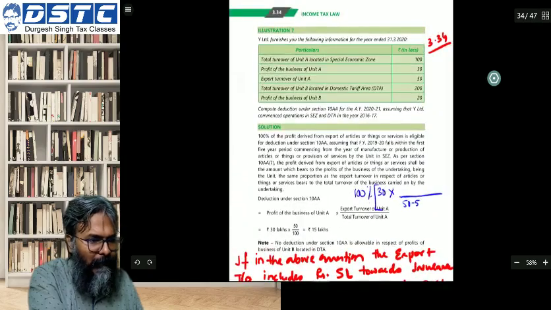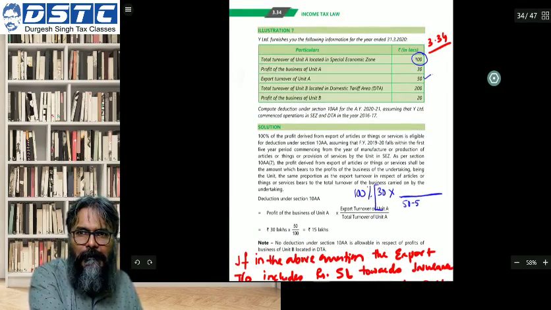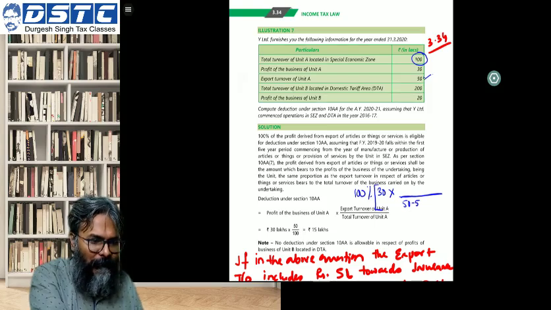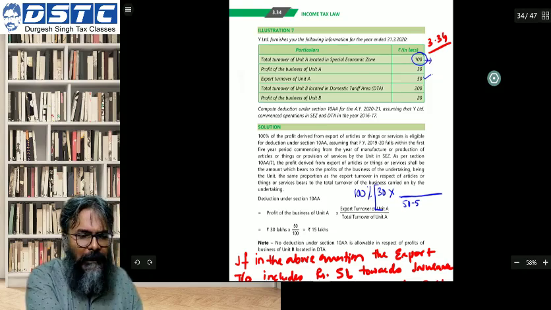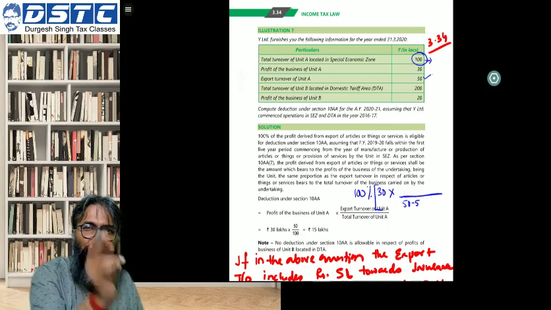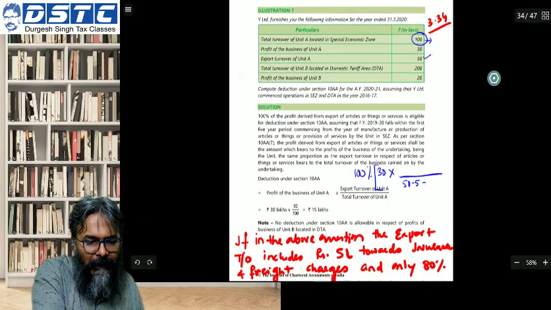And the balance, can we say this is also 50? The domestic turnover is also 50. But if the 50 of export turnover includes 5, I will reduce 5 and then add the remaining 50.